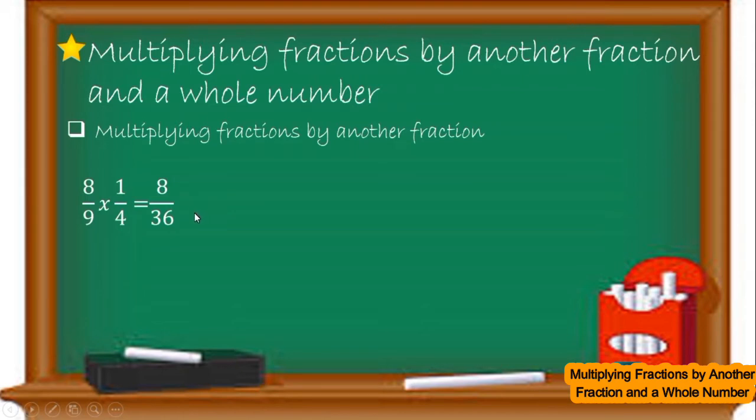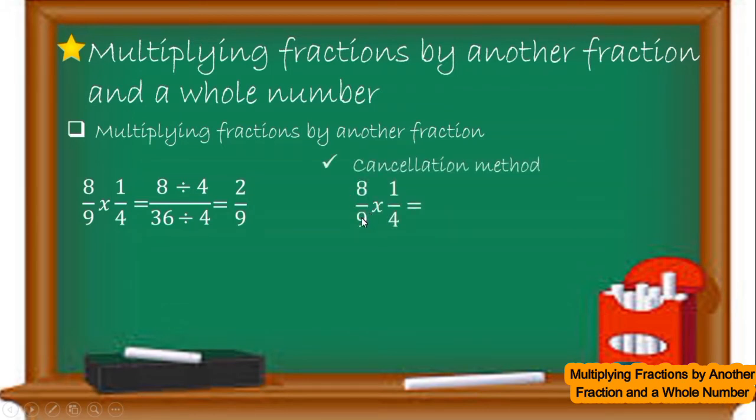What is the greatest common factor of 8 and 36? 4 is the greatest common factor of 8 and 36. So 8 divided by 4 is 2 and 36 divided by 4 is 9. Now to make it simple, use the cancellation method.